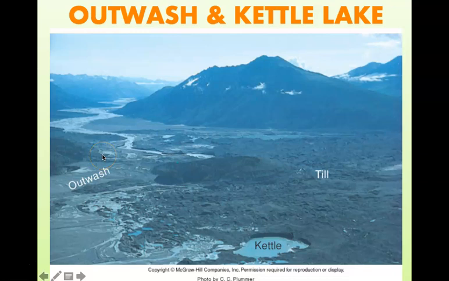So the outwash, I don't think I mentioned that word before. Outwash plain is what I remember. It's just the area in front of the glacier, and here it just looks like a wasteland. But it is the area in front of the glacier where all the sediment is, guess what, washing out, right? I could use big complicated words if you want, but outwash is where stuff is washing out.